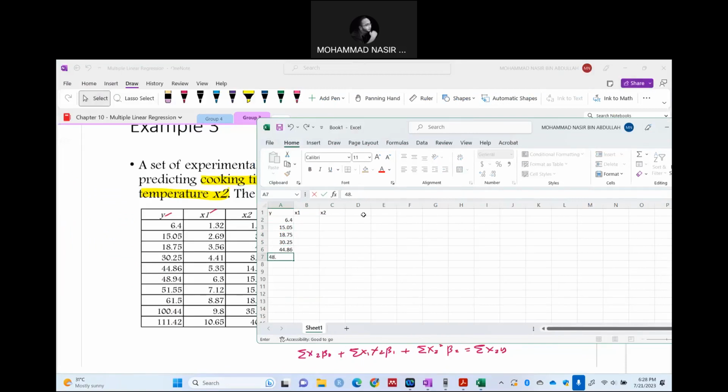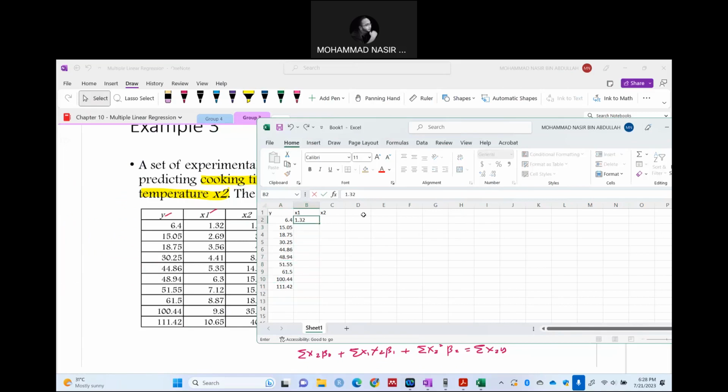So you already know how to find multiple linear regression using Excel, right? Yes.